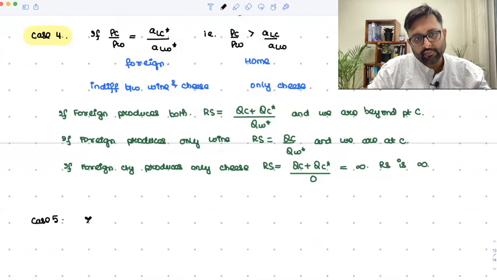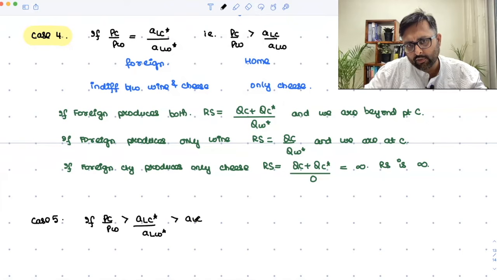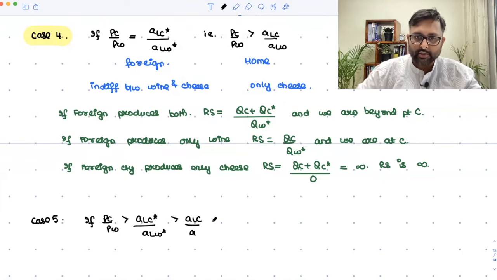Case 5. If PC by PW is greater than ALC star by ALW star, then it is definitely greater than ALC by ALW also, because ALC by ALW is less than ALC star by ALW star. Right?